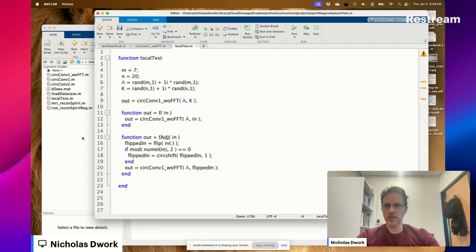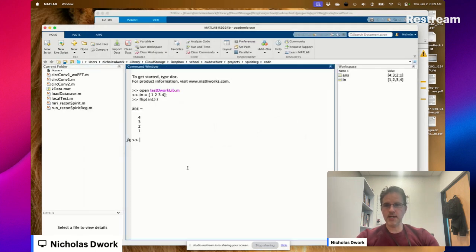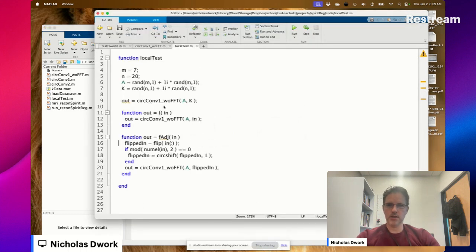Does this run? I haven't changed anything. Sure enough, it runs.